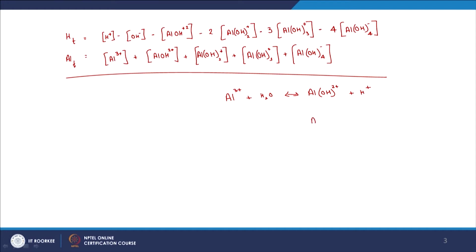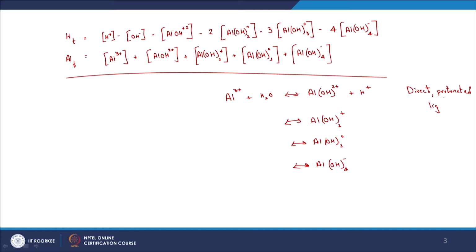And I'm also forming the other complexes, which I will list here: Al, OH... These are the 4 complexes that I am trying to form based on my direct and protonated ligand, right.